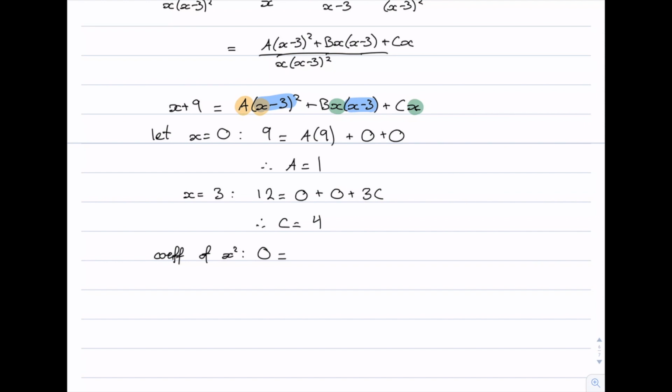And so the coefficient there would just be a. Where else? Well, we can get it from b times x. And so the coefficient would just be b. And that's it. There's no other way to get x squared on the right-hand side. So b is equal to negative a. And since we already know that a is equal to 1, b is equal to negative 1.